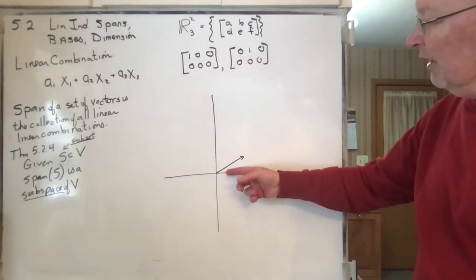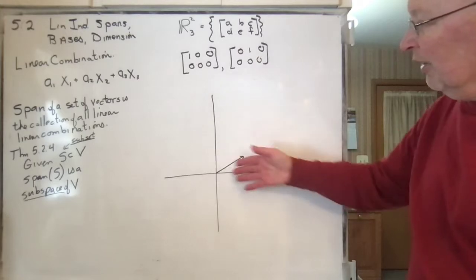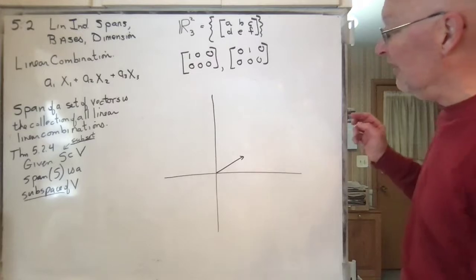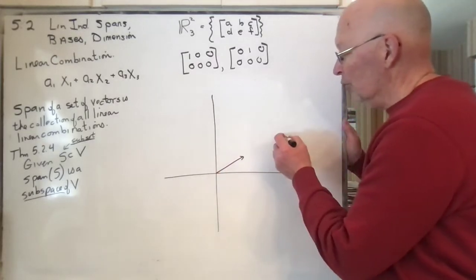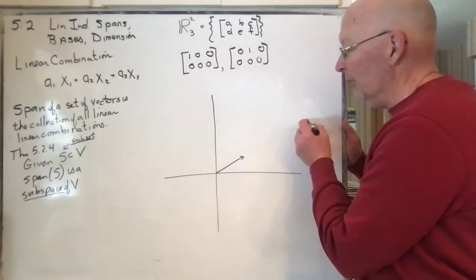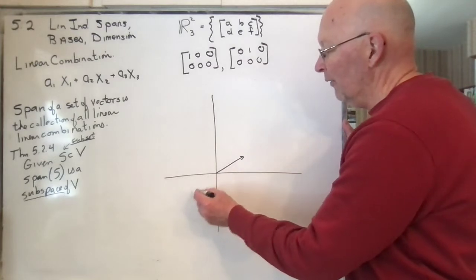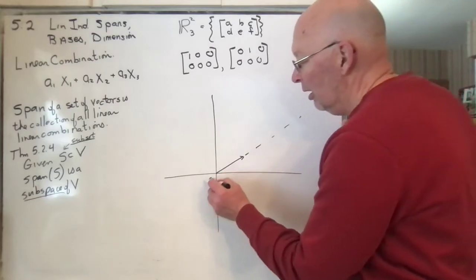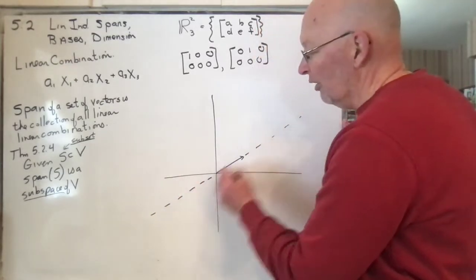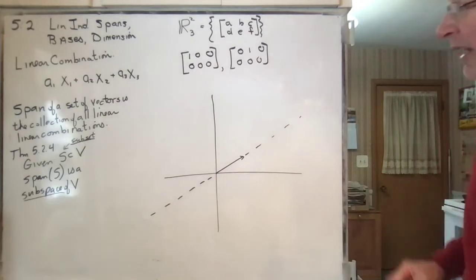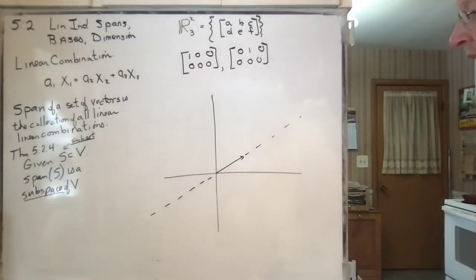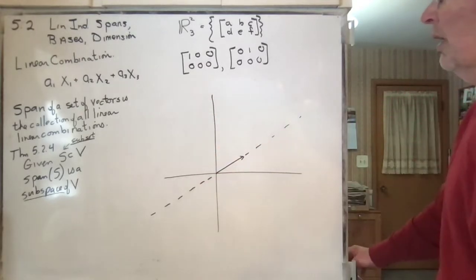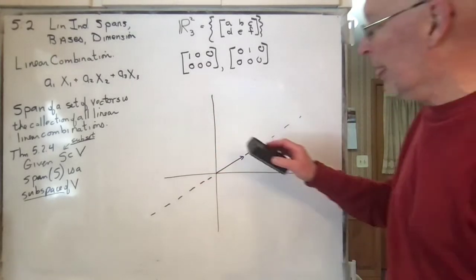There's just one vector there, so you can't add it to any other vector. So you just multiply it by all possible constants, and you agree? If you multiply it by 2, you'll be out here. If you multiply it by 3, you'll be here. If you multiply it by -1, you'll be there. If you multiply it by a half, you'll be there. And you're going to end up with all the vectors along that line. And so all the vectors along that line is a subspace of R2. Okay, so there's an example.